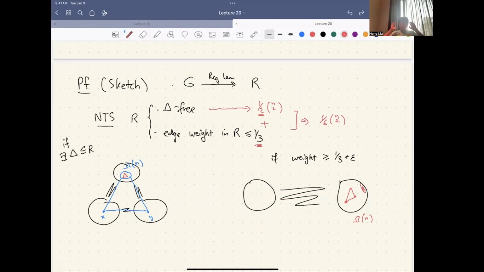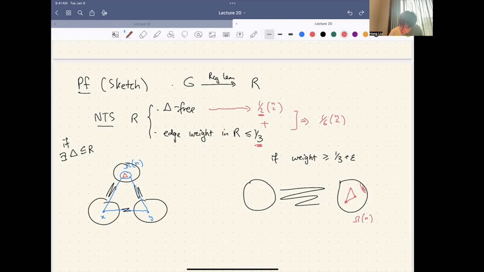You have three vertices forming a triangle, typical vertices, each one of which has degree strictly more than 1/3, 1/3 plus epsilon, to the other side. By pigeonhole, two of them then will share a linear number of neighbors.